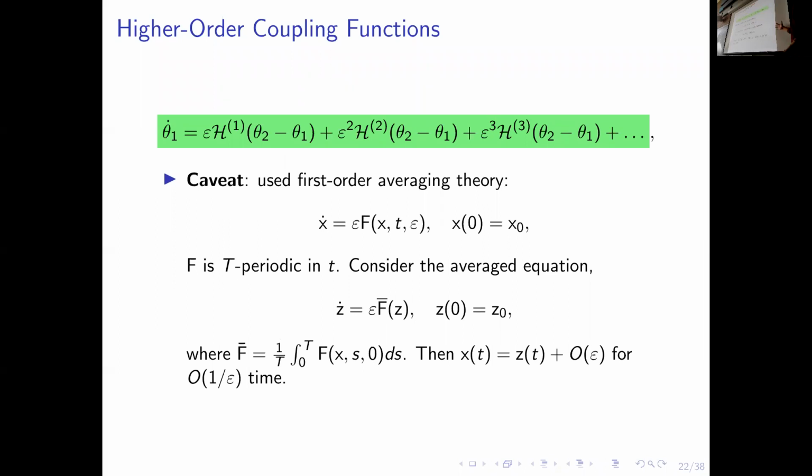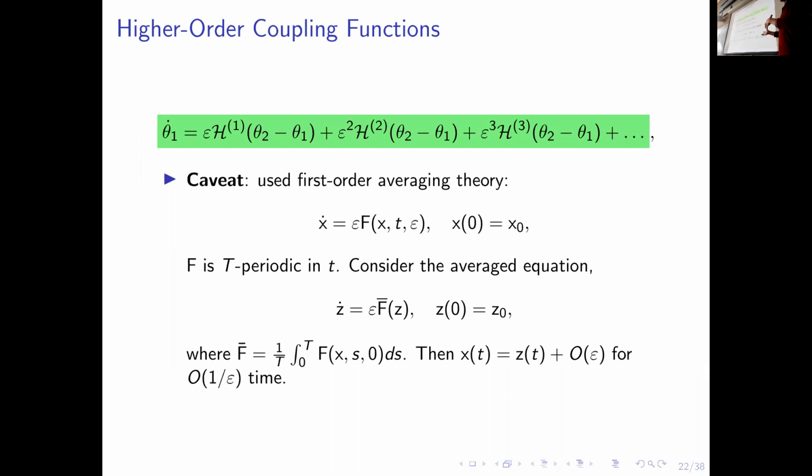Just a caveat, I use first order averaging theory, and if you're familiar with this method, one of the fundamental assumptions is that epsilon is small. But I just went with this, so let's see what happens. In practice, this actually wasn't really good with the results, because there are more effects going on.